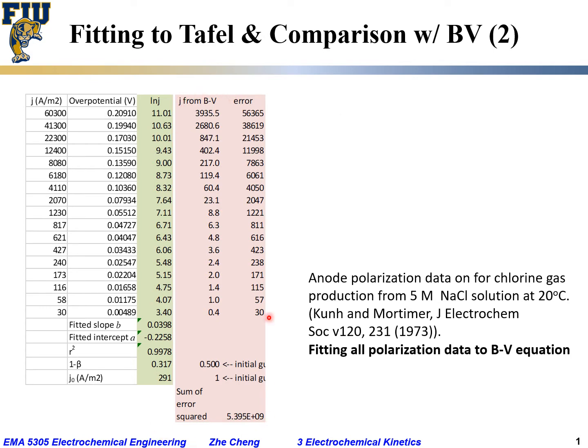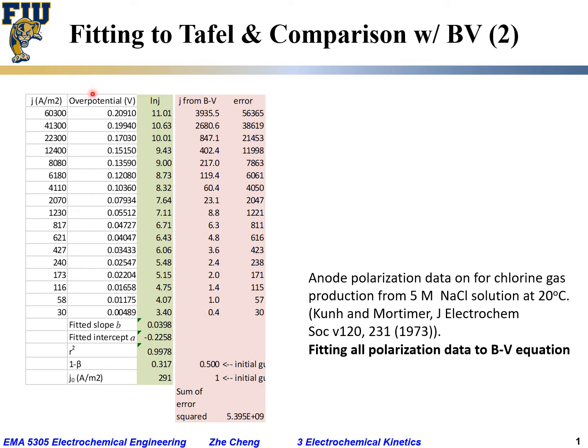So this shows the initial J you can calculate from the Butler-Volmer equation using the overpotential. This uncolored J column would be the measured current density.